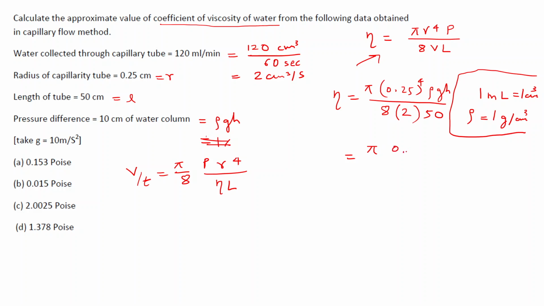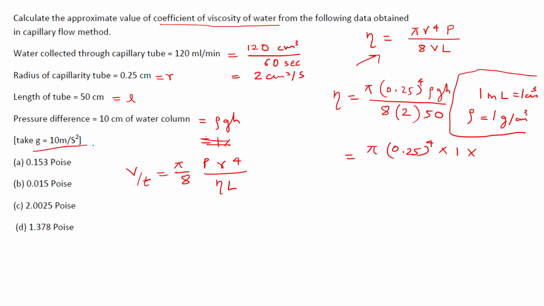I'll calculate them together. Right now, first, rho is 1, and acceleration due to gravity, if it's been given, yeah, it's been given that we can take it as 10 meter per second square.